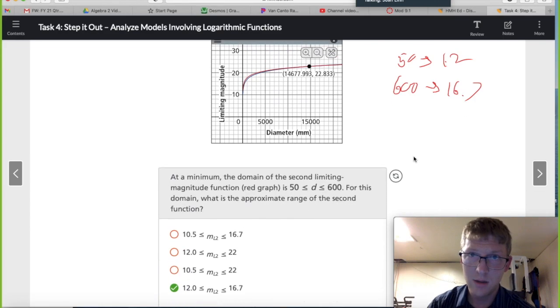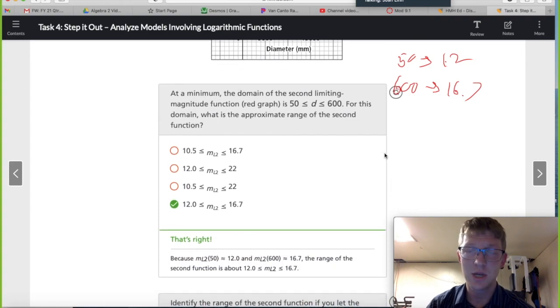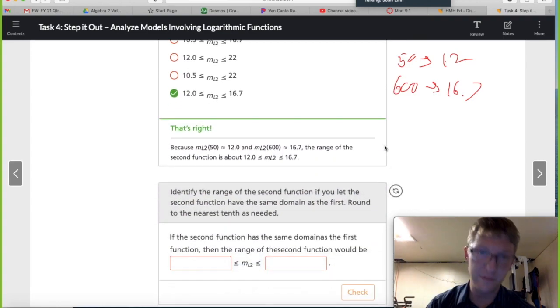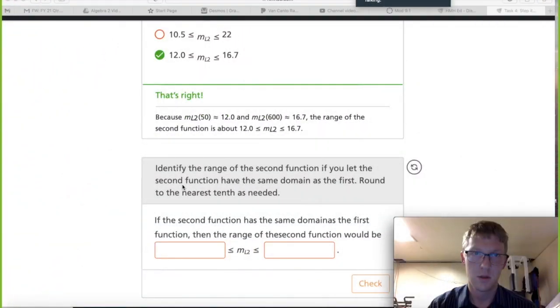So again, that's not the domain of the actual function, it's the domain and range of the real world situation. It says identify the range of the second function if you let the second function have the same domain as the first. So remember, the first was from our professional telescopes.